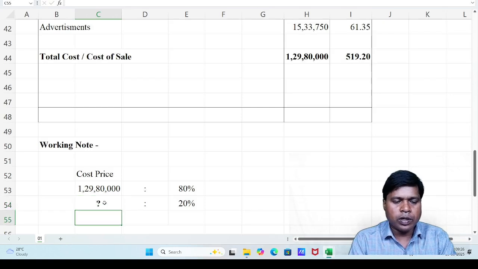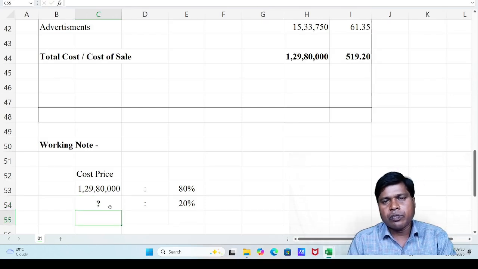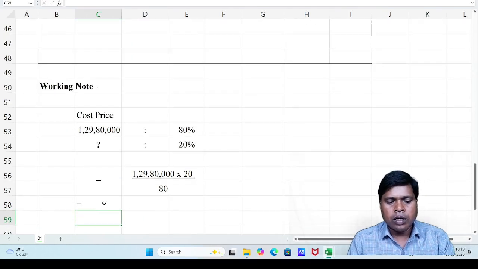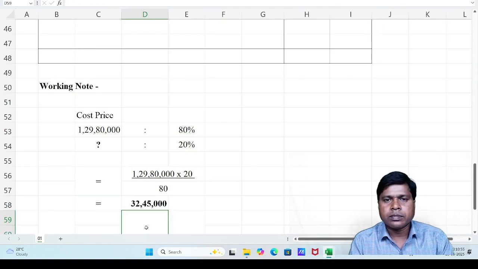Calculate profit. In this case, we have to do cross multiplication and calculation. After this calculation, we will get the amount of profit. This is the answer of the calculation, 32 lakh 45,000 rupees. This is profit. Now this amount we have to write in our statement.